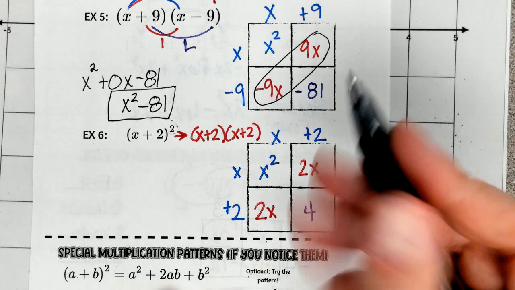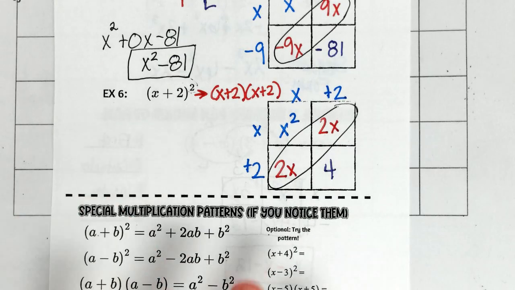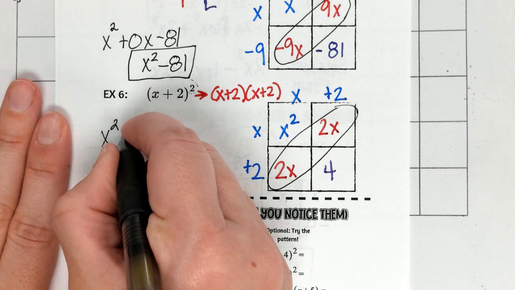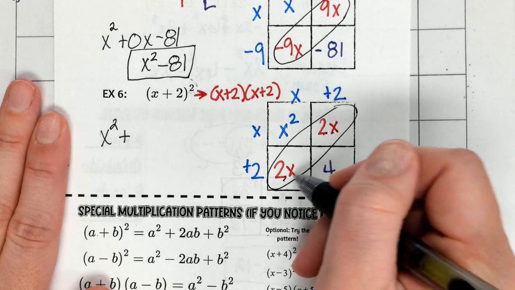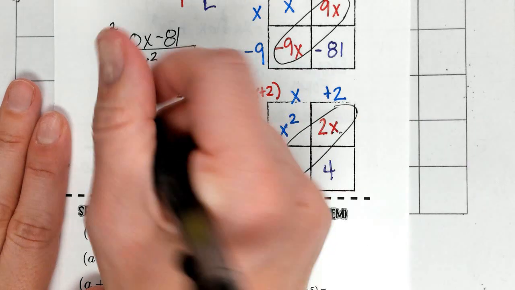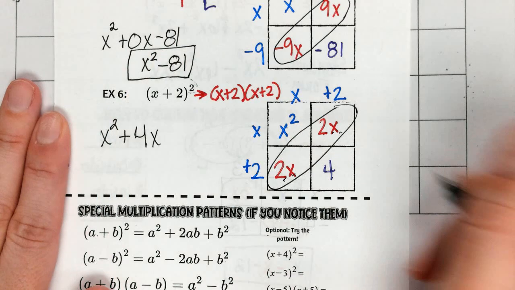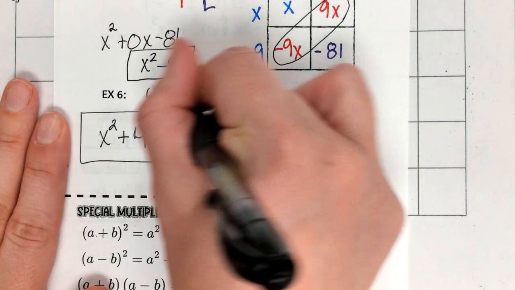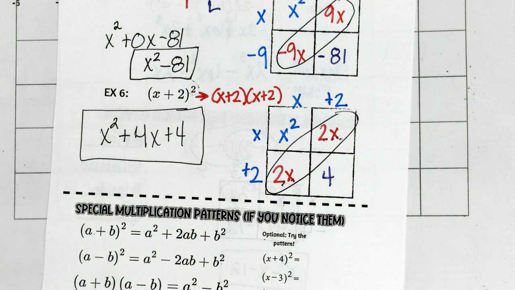Okay, these are my like terms. Combine those together. So my final answer is x squared plus, those added together make positive 4, so plus 4x, and then plus 4. Okay?